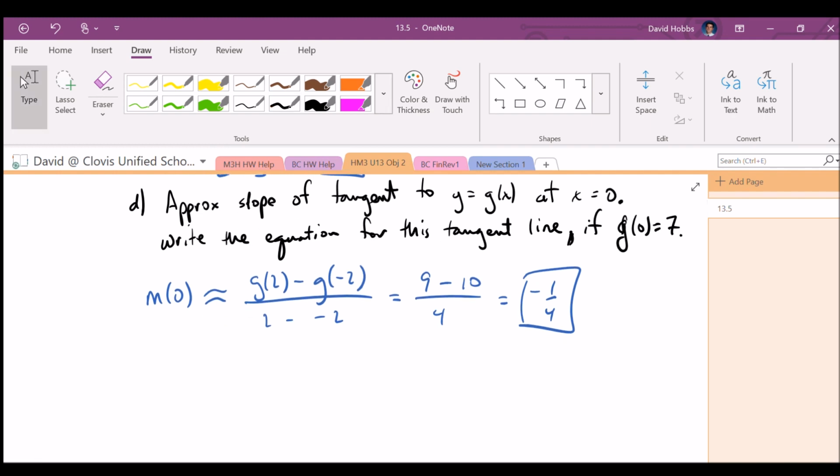Okay, sorry, I did not give that original information. We need that information right there to be able to do it, because we need the slope and a point. So our point is 0, 7, and the slope is -1/4.